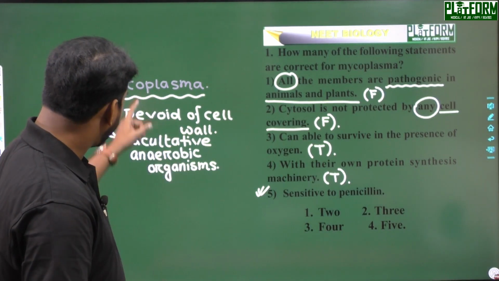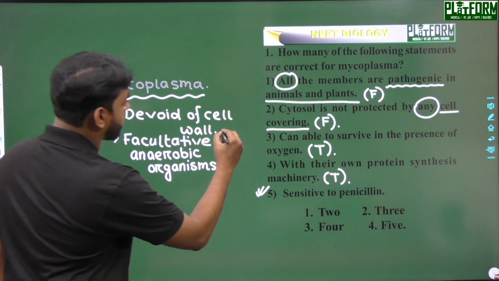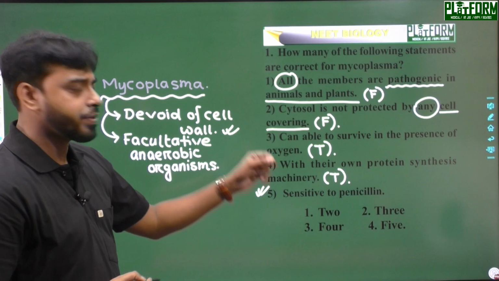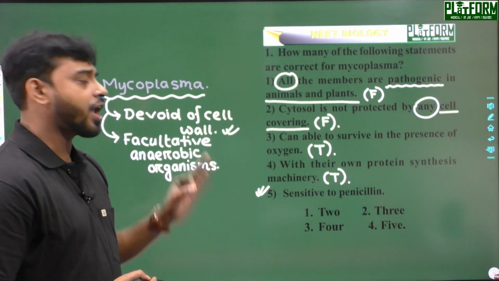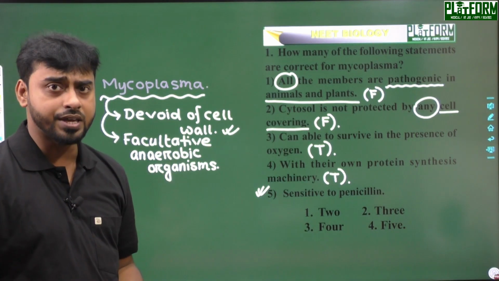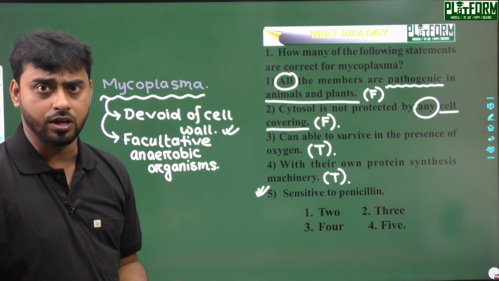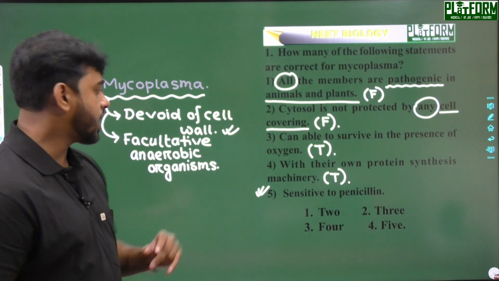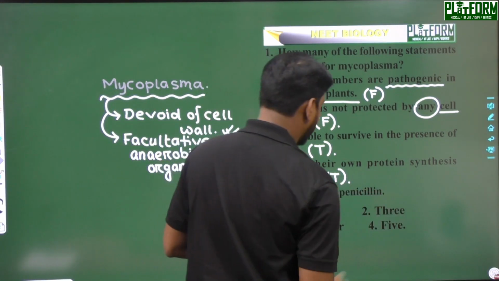Now, we know that the mycoplasma is devoid of cell wall. So, if we apply penicillin, the mycoplasma will easily survive because they don't have the cell wall. So the mycoplasma is resistant to penicillin. Here it is written that it is sensitive to penicillin.